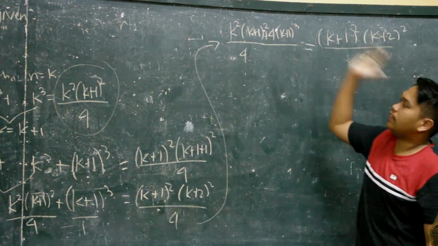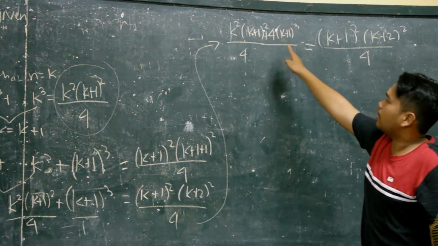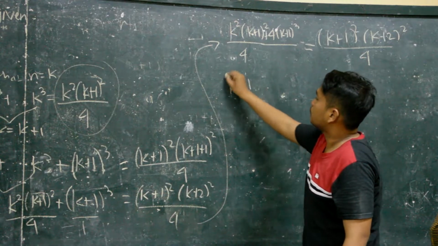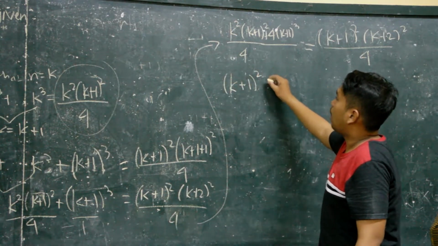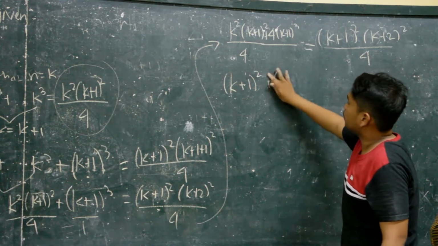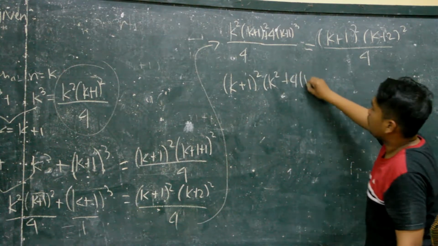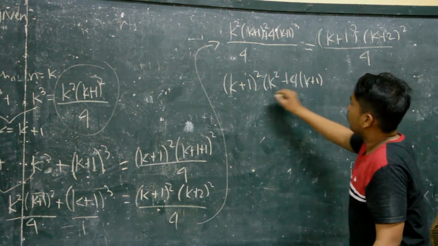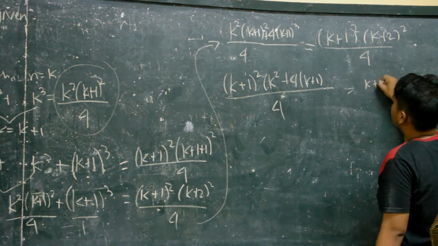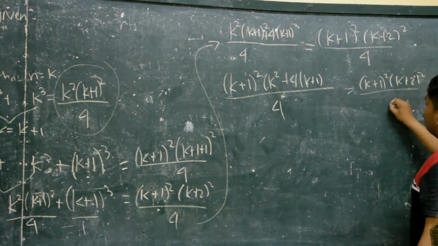So we should prove that this is equal to this. And we can notice that we can extract k plus 1 squared from this equation. So k plus 1 squared times k squared plus 4 times k plus 1, over 4, and write this down, k plus 1 squared times k plus 2 squared over 4.